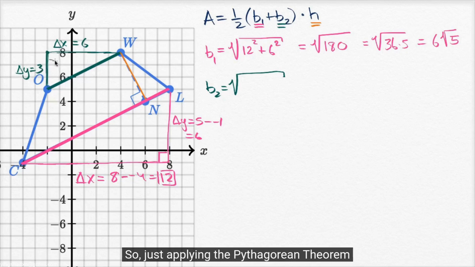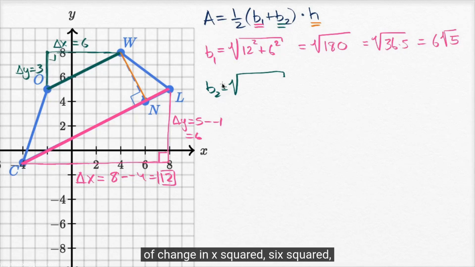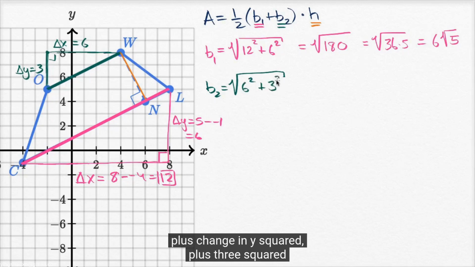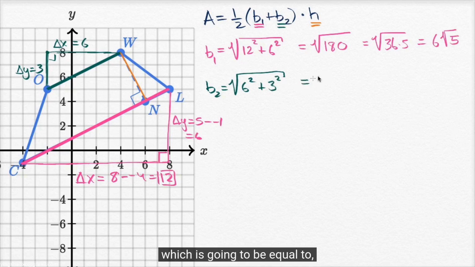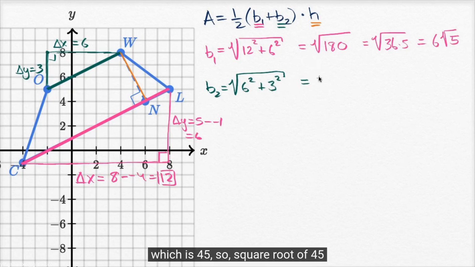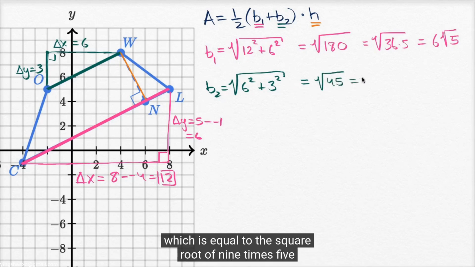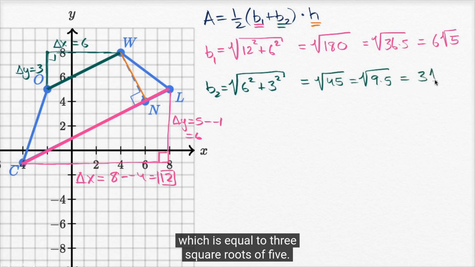So just applying the Pythagorean theorem to find the length of the hypotenuse here, it's going to be the square root of change in x squared, 6 squared, plus change in y squared, 3 squared, which is going to be equal to 36 plus 9, which is 45. So square root of 45, which is equal to the square root of 9 times 5, which is equal to 3 square roots of 5.